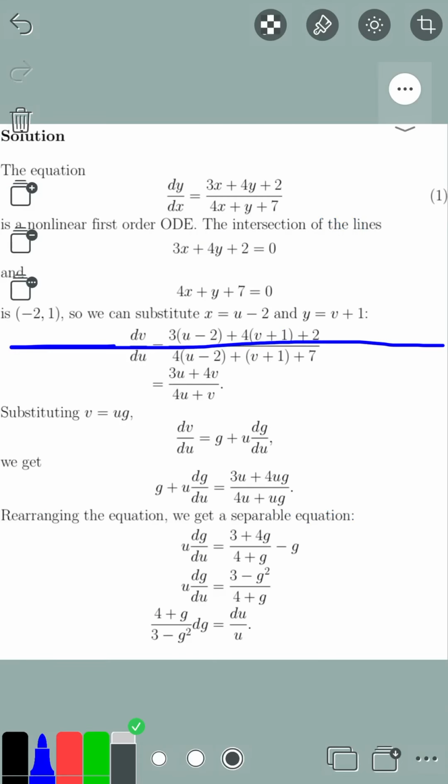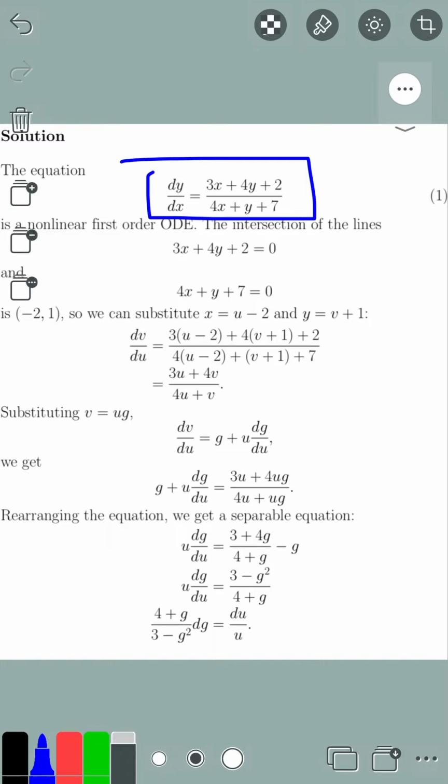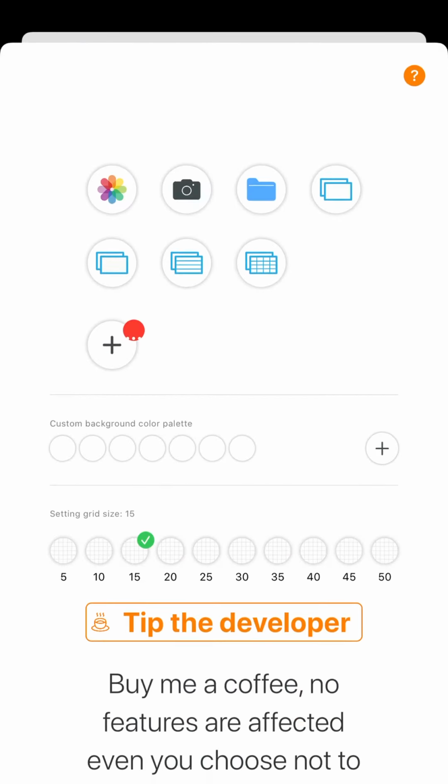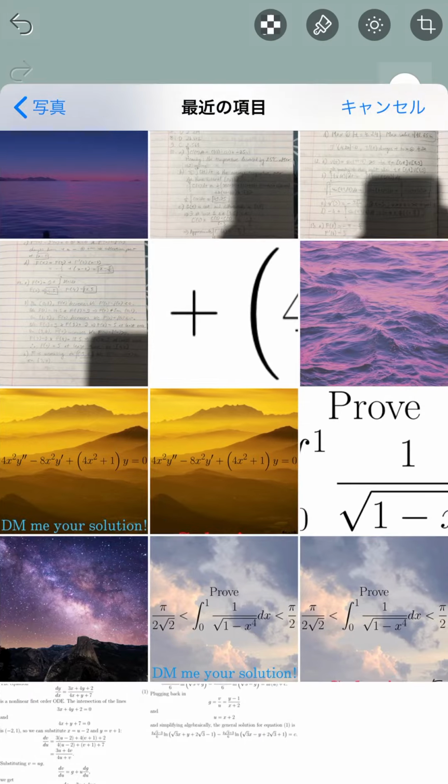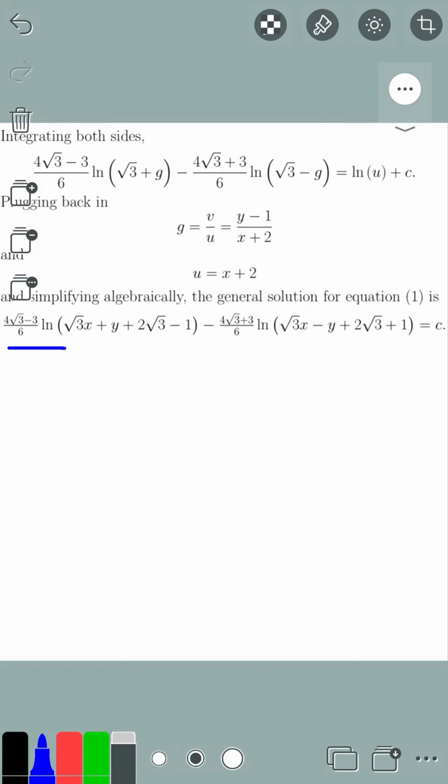So that's the general solution for our differential equation dy over dx equals 3x plus 4y plus 2 over 4x plus y plus 7. This whole thing equals c, where c is some arbitrary constant. Alright, thank you for watching.